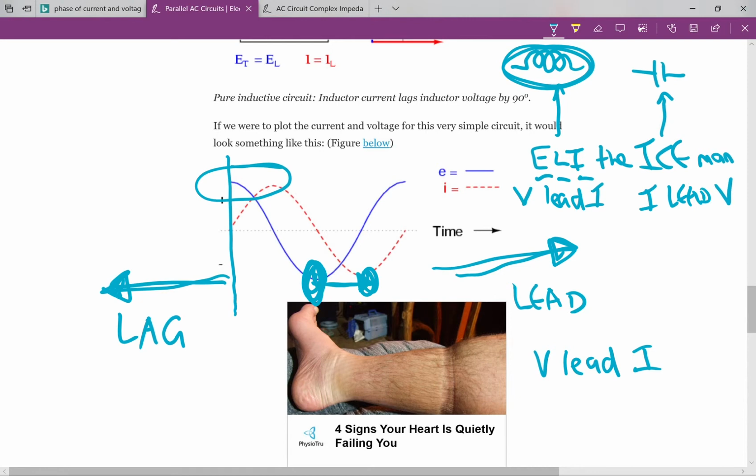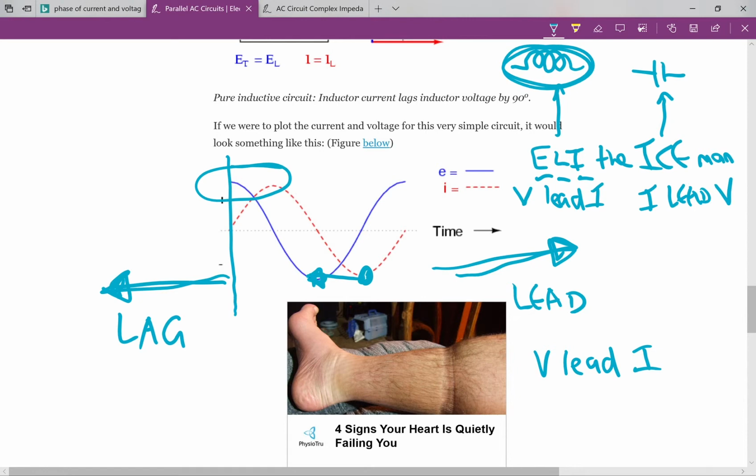Now if you wanted to know what lags something else, you just do the same thing. If you want to find out what lags something, you just find the two peaks again, same deal, that are closest together, and you draw an arrow going the other way, and you could then say that current lags voltage. Okay, so that's how you work out what lags and what leads.